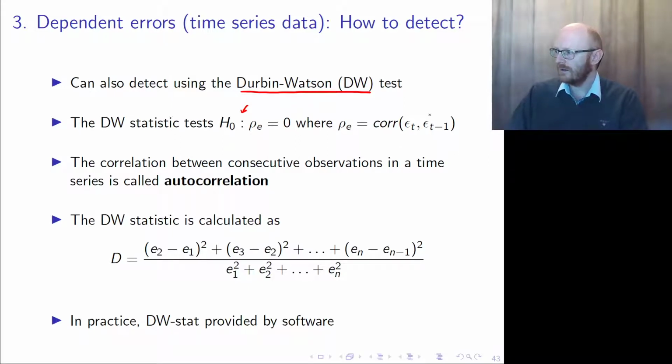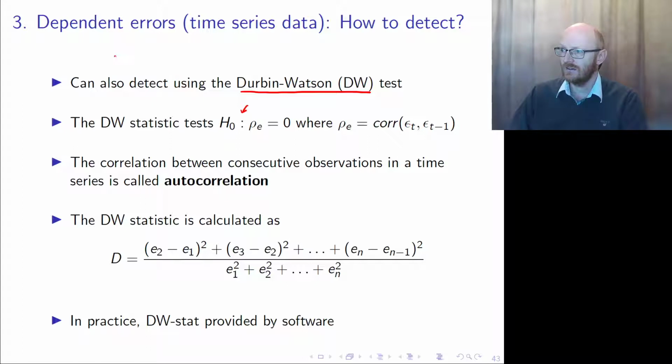It usually tests the correlation between the error at time t and the error at time t minus 1. For example, if positive residuals are followed by positive residuals, and negative residuals are followed by negative residuals, then you would have a positive correlation.